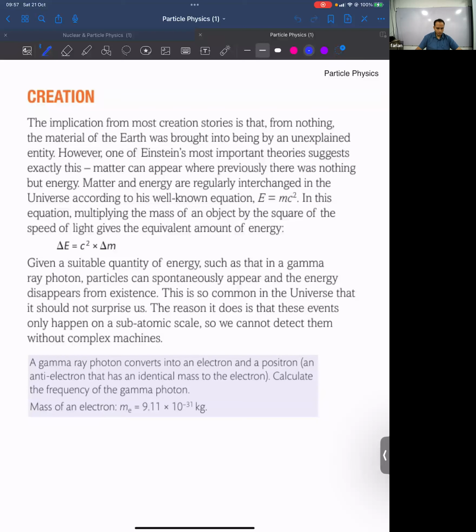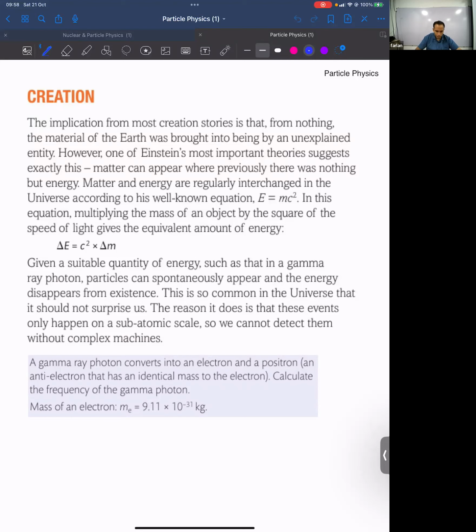Given a suitable quantity of energy, such as that in a gamma ray photon, particles can spontaneously appear and the energy disappears from existence. Energy can be converted to particles.